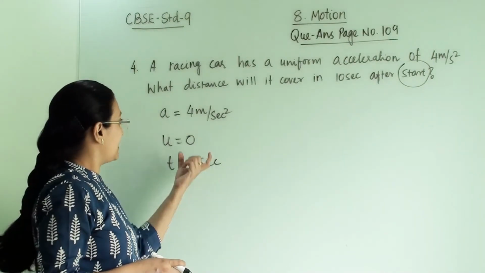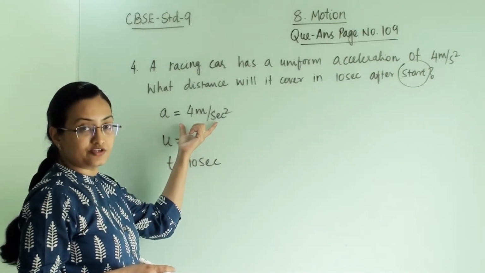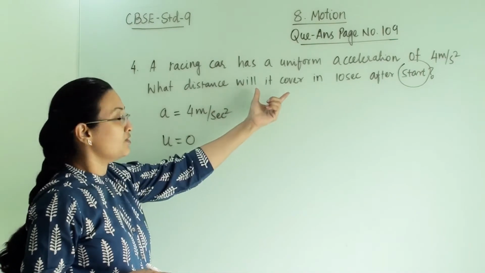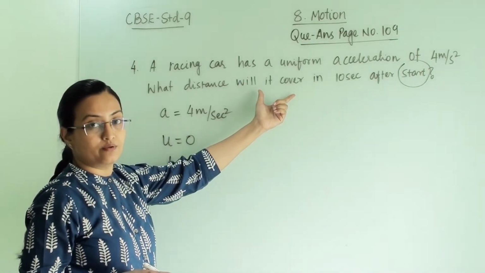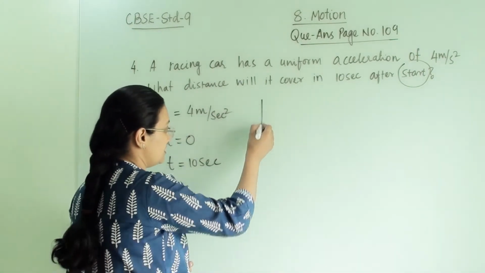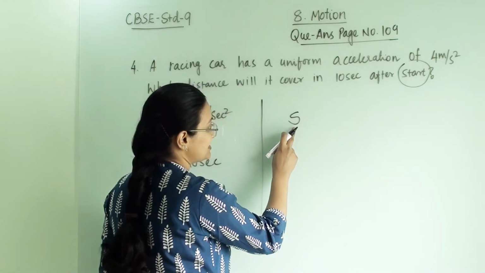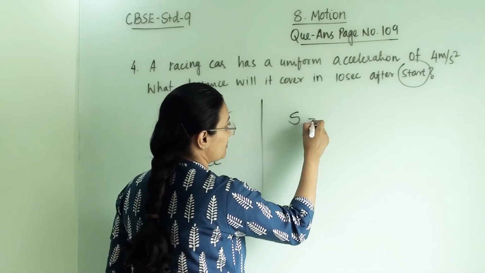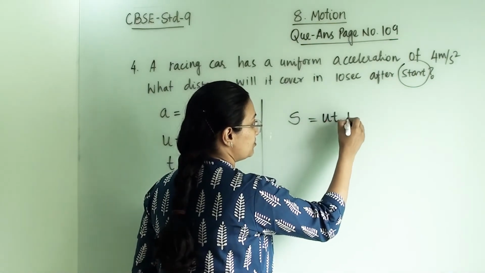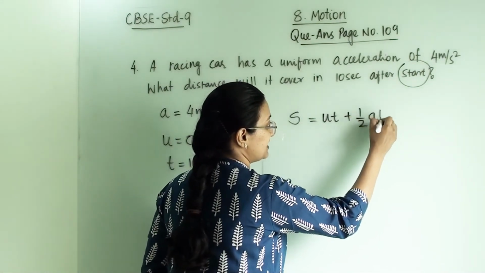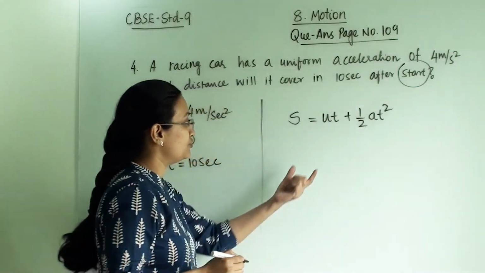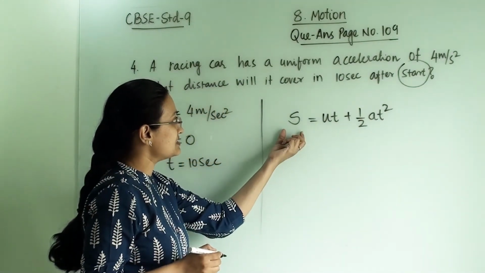So in 10 seconds time, with this much acceleration, where it will reach, that we have to find out. So let us write down the equation we are going to use. S is our distance. So S equals ut plus half at square. This equation we will use and we will get the distance travelled.